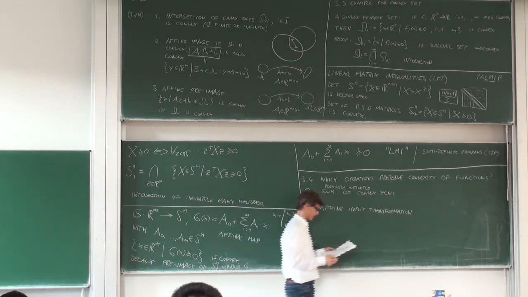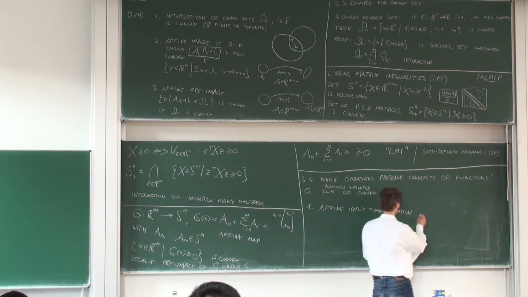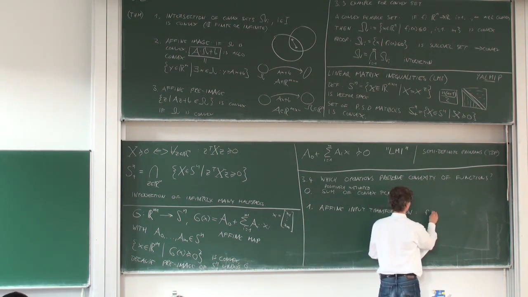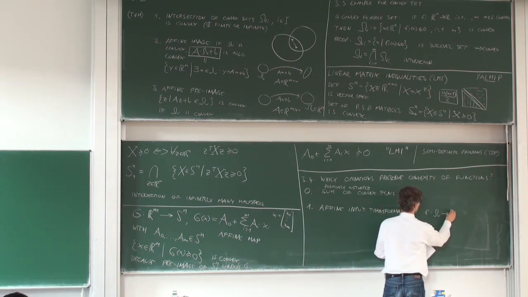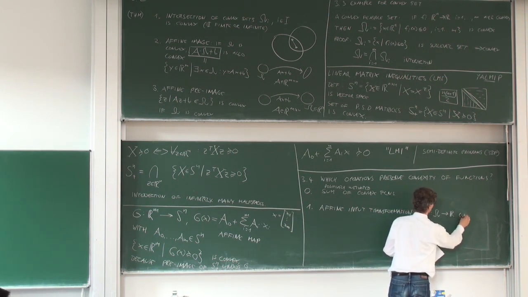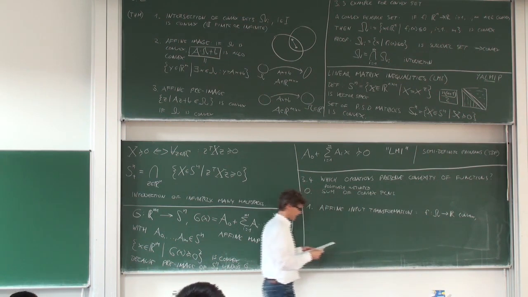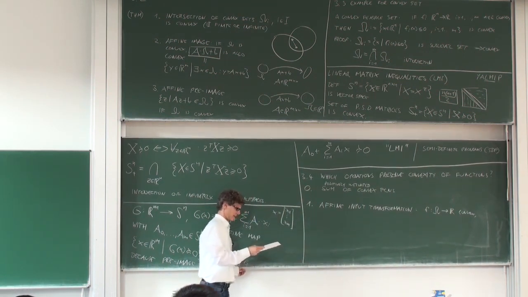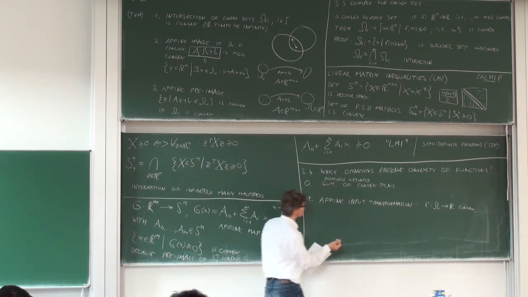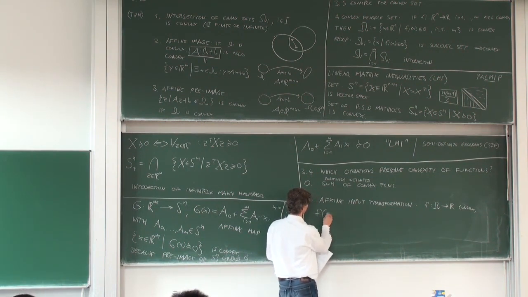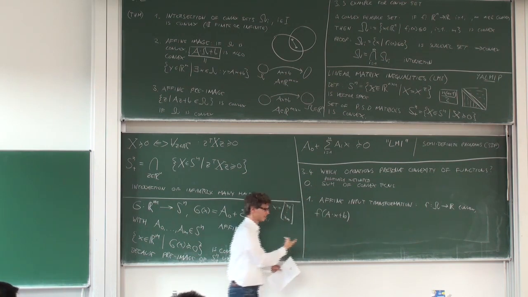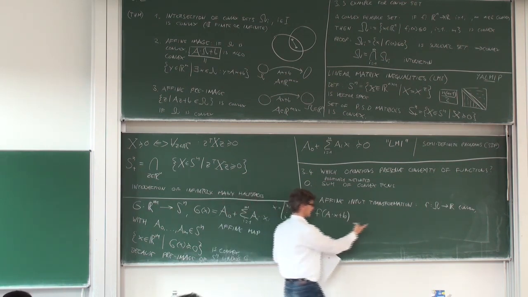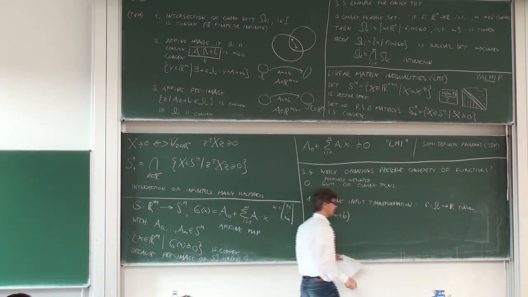So if you take some function f from omega to R which is convex, then you can also take a function which is f of Ax plus b, where A should have, of course, the right dimension to map into the space in which omega is embedded.